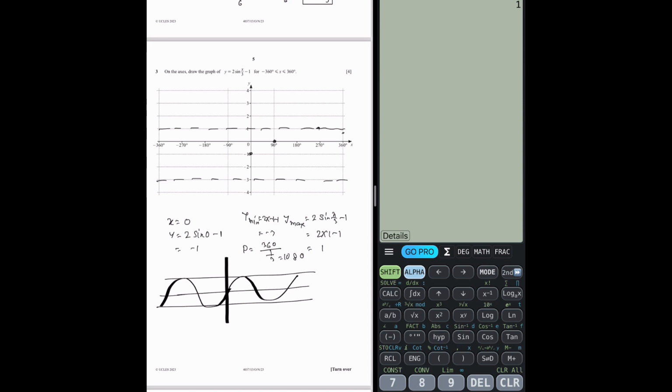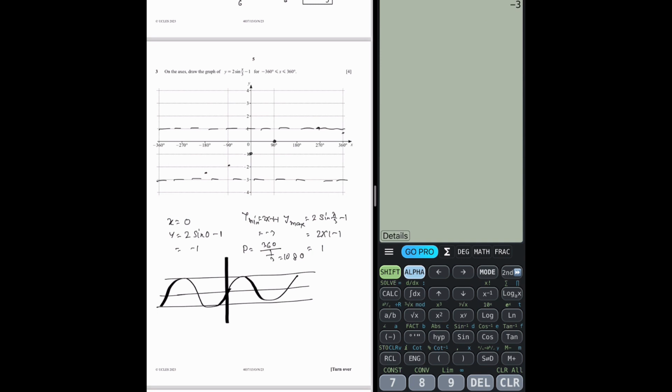Now let me try for minus 90. So it is becoming minus 2. Minus 180. Minus 2.73. I mean, it is here. 270.